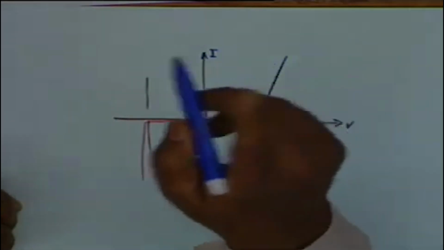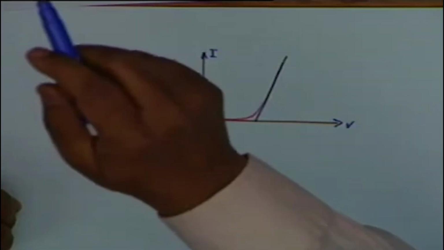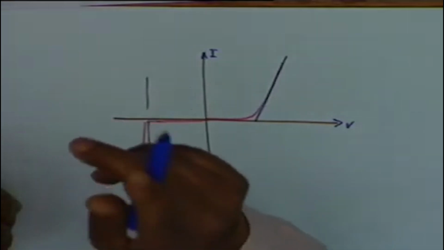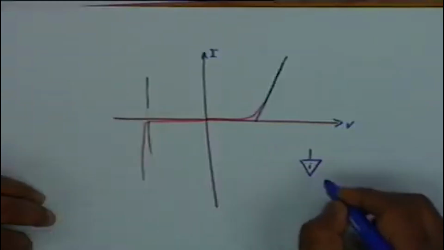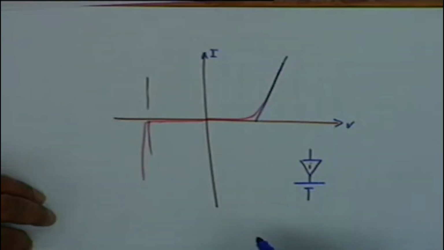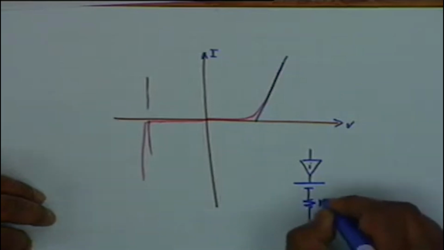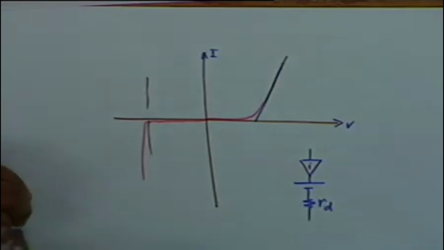Delta V by delta I. In the previous model, when it was vertical, the resistance was 0, and therefore all that we have to do now is to take an ideal diode, then the threshold voltage VTH, which is 0.7 for silicon, and we shall have to use a small resistance, we call this RD.